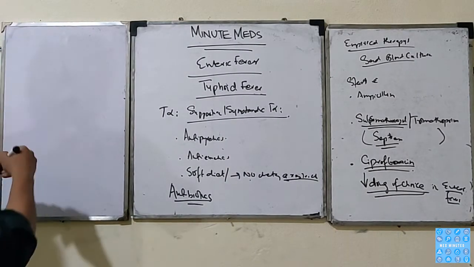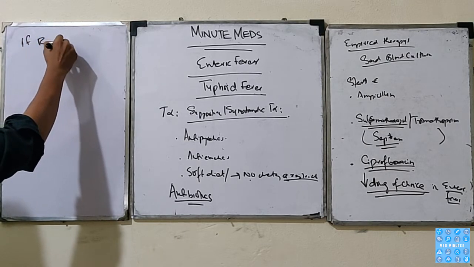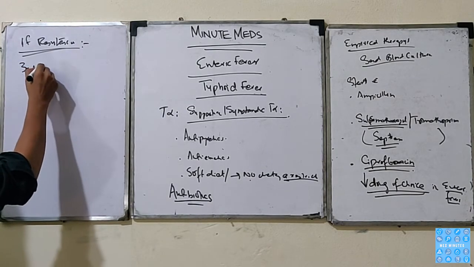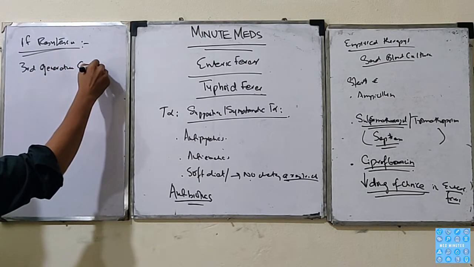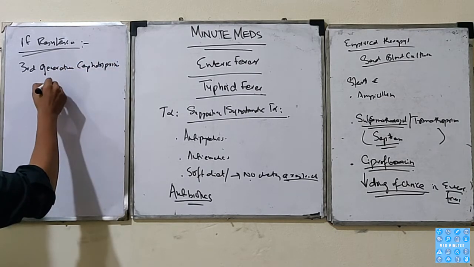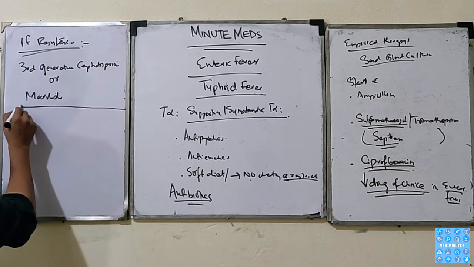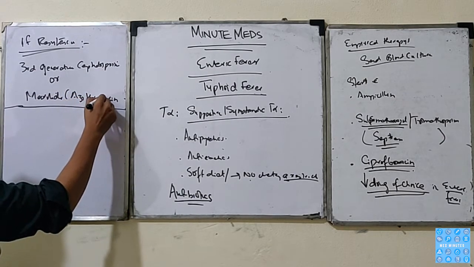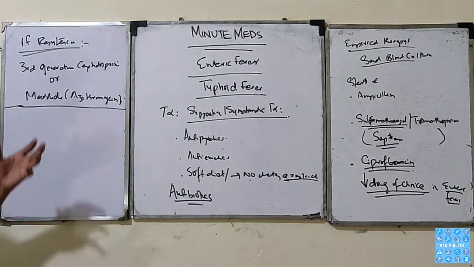Then if resistance is proven, we go for the third generation cephalosporins or a macrolide, azithromycin. And these third generation cephalosporins and macrolides, sometimes we combine.